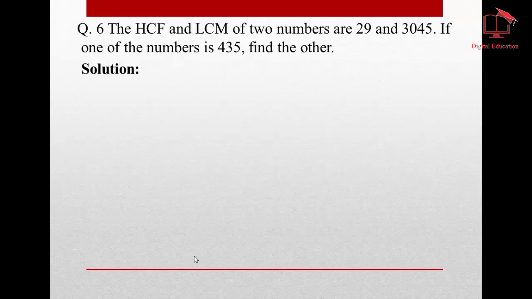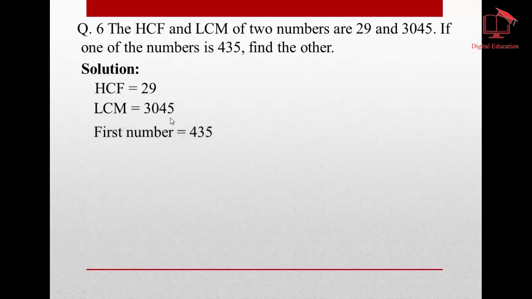Now students, question number 6. In this question, the HCF and LCM of two numbers are 29 and 3045. If the first number is 435, find the other. Now HCF is equal to 29, LCM is equal to 3045.